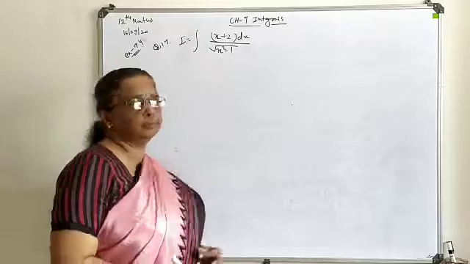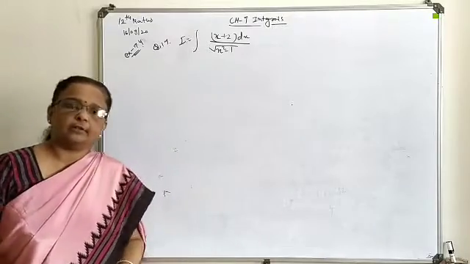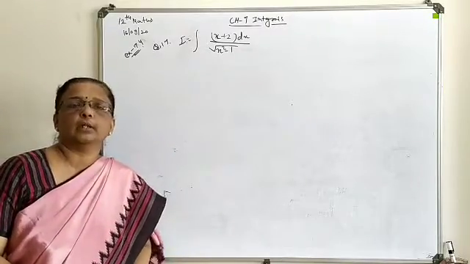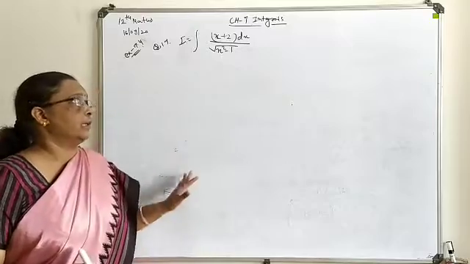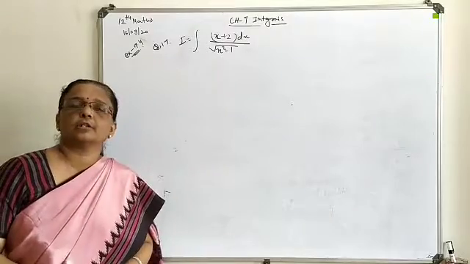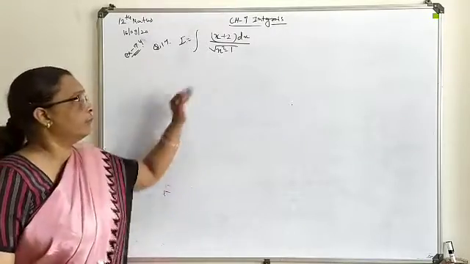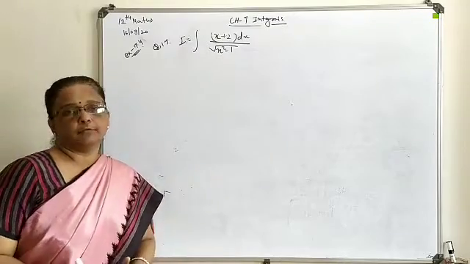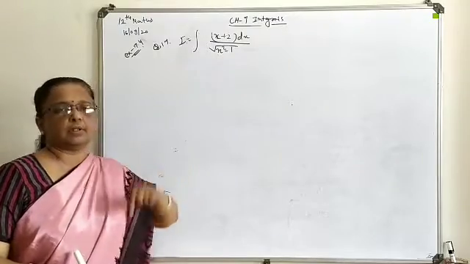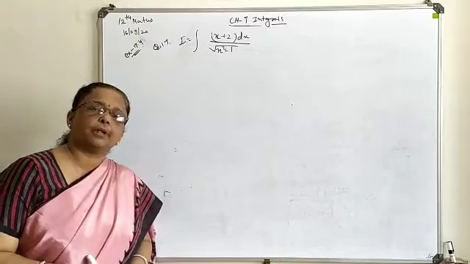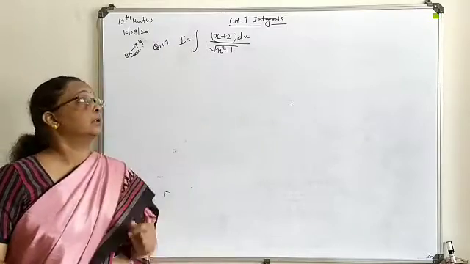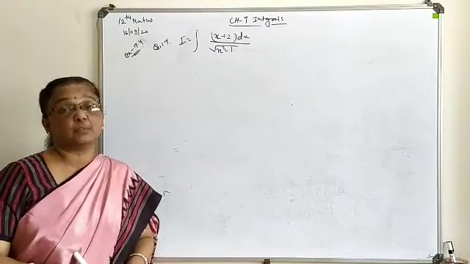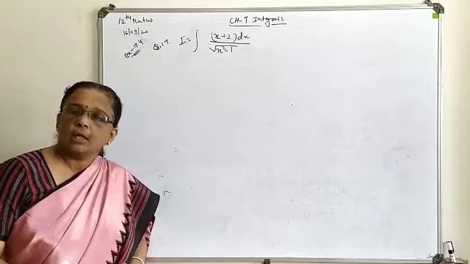Now first of all, before we write any of the integration formula or any of the combined form, let us try to understand how this question can be handled. If you find the differentiation of x square minus 1, you will have 2x only. But here in the numerator, you are having x plus 2. This does not match our required form.